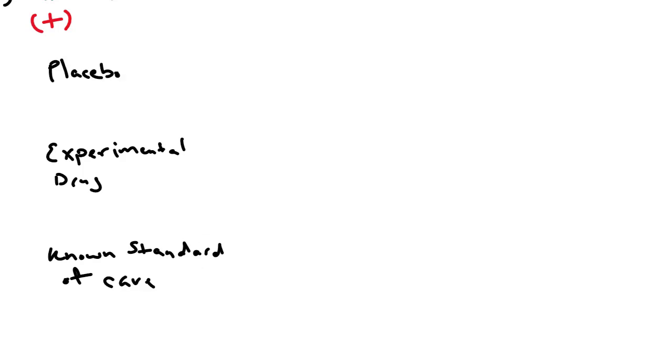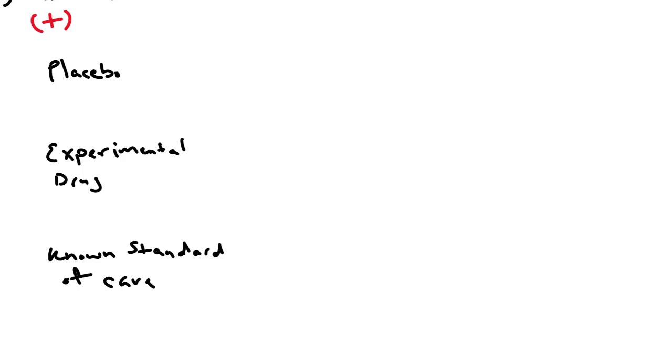Now the placebo group would be somewhat ethically questionable, because if people are sick, you don't want to really give them nothing. Probably in real life you couldn't do this anyway, but we're just going to have the placebo group in here, okay?